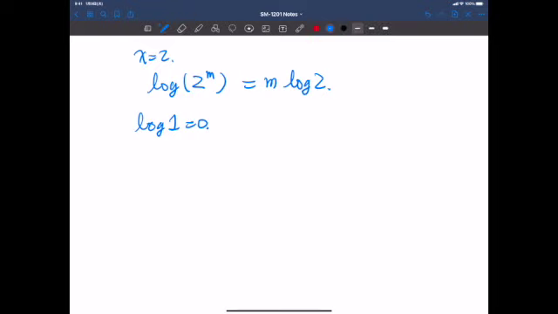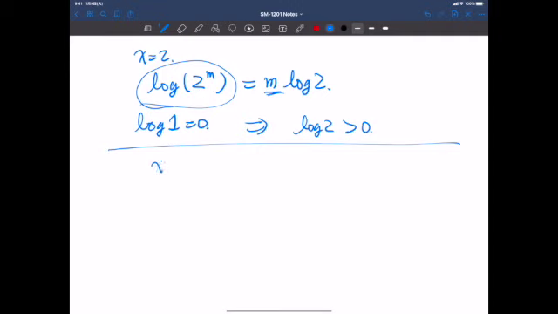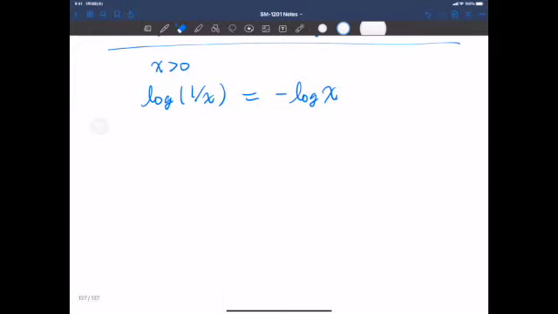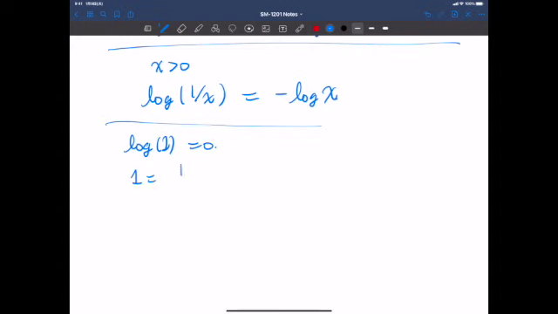And here's another corollary. For any positive number x, we have log of 1 over x equal to negative log of x. This can be proved very easily. We know that log 1 is equal to 0. But 1 is equal to 1 over x times x.